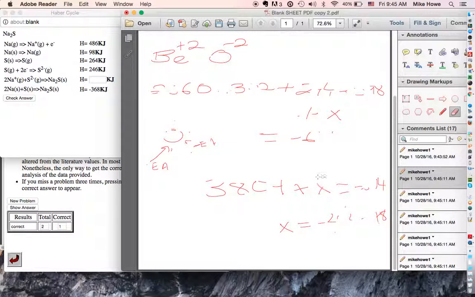Didn't quite get it all erased. All right, I'll just write on this pad.